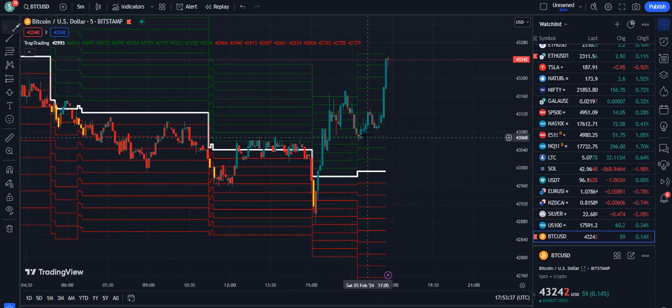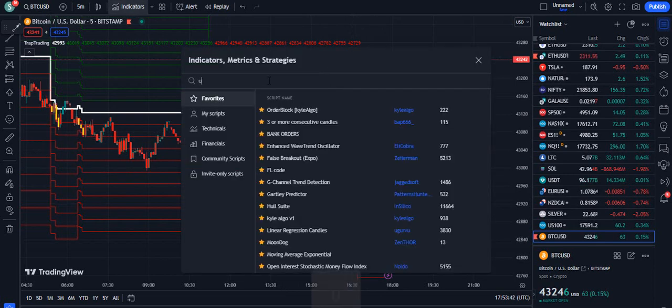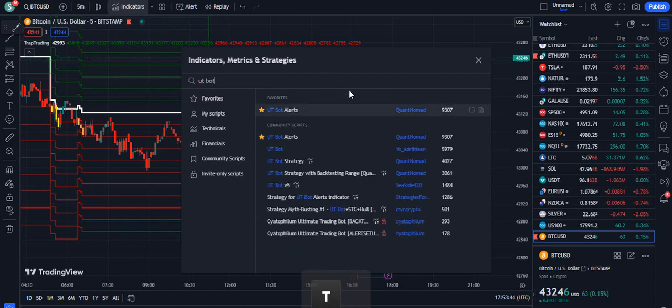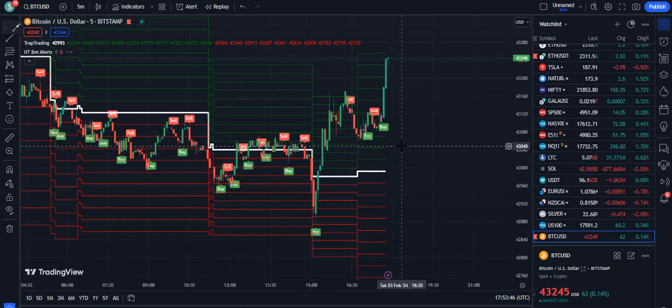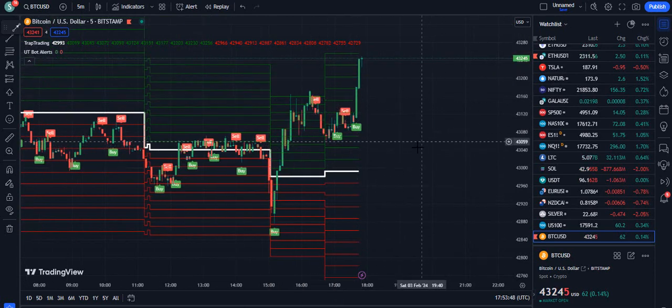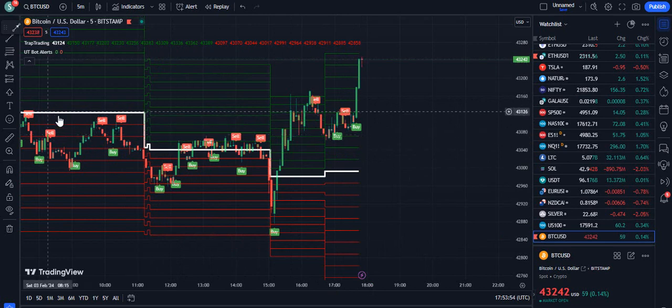Now you can use any type of indicator that is interesting, like you can go for UT Bot Alerts. I talk about the UT Bot Alerts in my video because this indicator is very good in finding out the reversal levels. You do not need to change the settings.